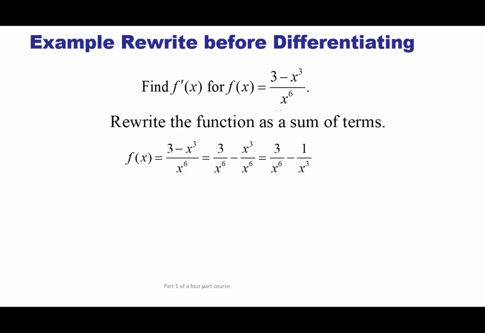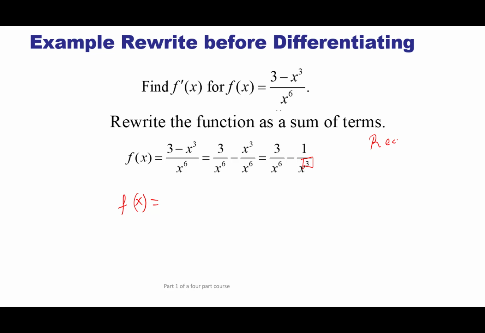So to do that, I realized that I could break this into two different fractions by dividing each of these by x to the 6. And if I divide by x to the 6, this x cubed and this x to the 6 are going to reduce to x to the 3rd right here. Now if that is x to the 3rd, I'm going to fix this up in a format where I can differentiate. So bring that up.